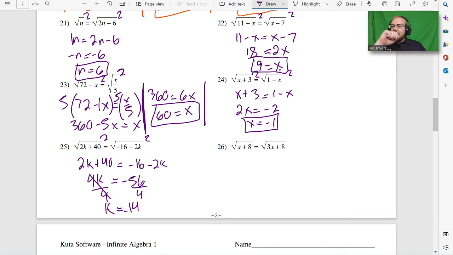Okay. Well, actually, hold on, because that looks like that might be extraneous. Negative 14 times 2 is negative 28. Oh, maybe not. Negative 28 plus 40 would be 16. And then the other one, negative 14, negative 28, negative 16. Oh, wait, hold on.